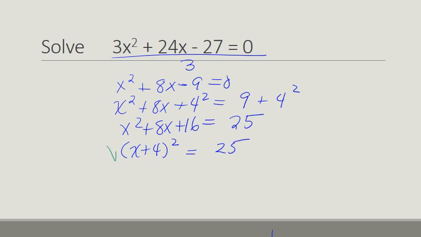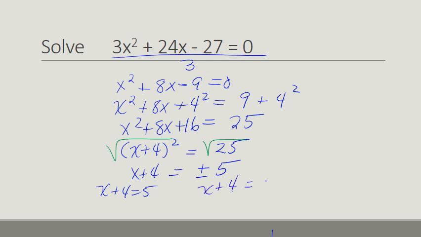If I take the square root of both sides, I'm going to get x plus 4 equals positive or negative 5. And I can write my two equations. X plus 4 equals 5. X plus 4 equals negative 5. So I'm going to get x equals 1. And if I subtract 4 here, I get x equals negative 9.